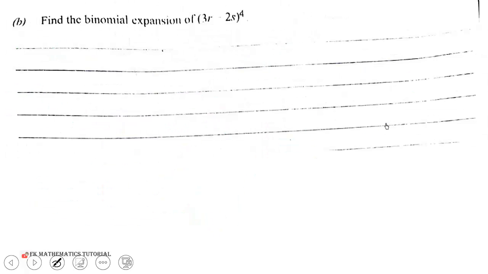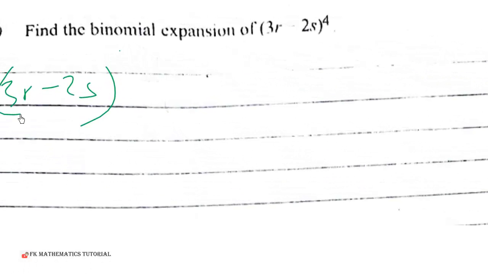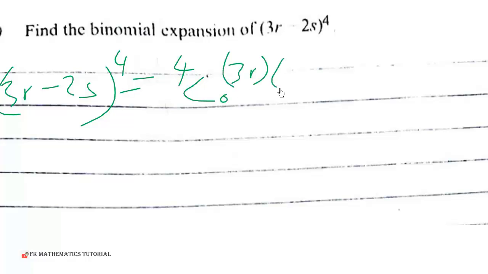Find the binomial expansion of 3r minus 2s exponent 4. Recall that we can use a calculator to find the binomial coefficients. 4 combination 0, then 3r and minus 2s.